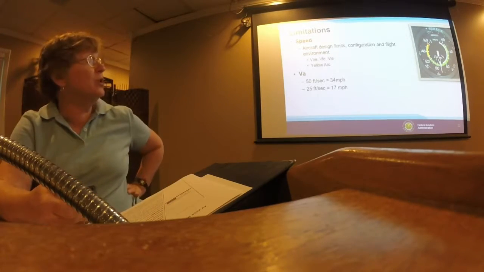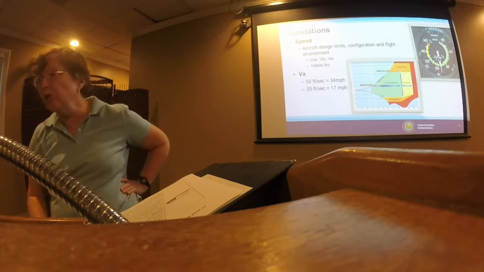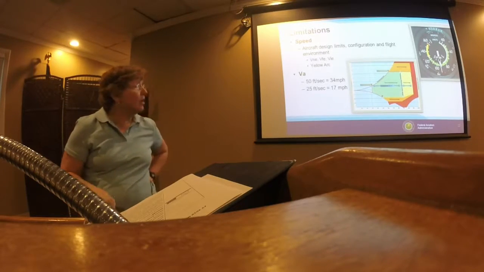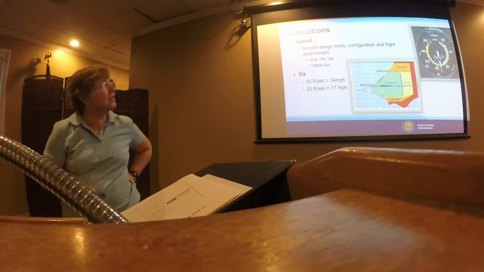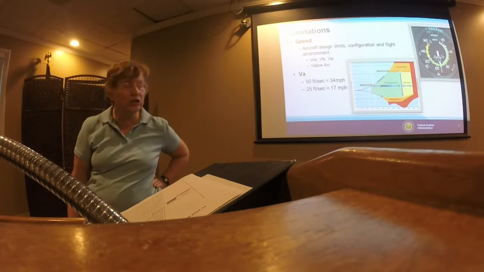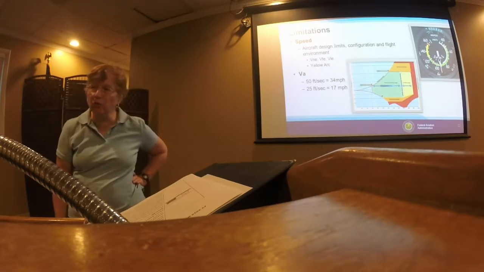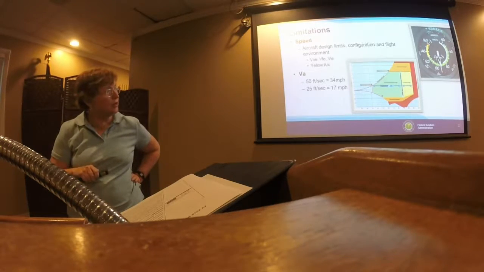And the reason they mean that is maneuvering speed. At maneuvering speed, the airplane is rated for 50 feet per second acceleration, which is around 34 miles an hour or so. Maneuvering speed is, on this chart, right about there.